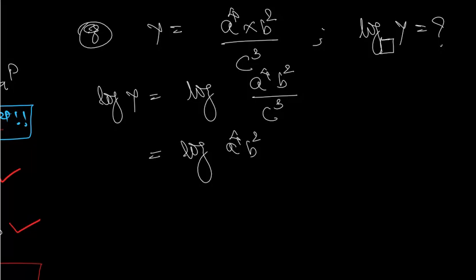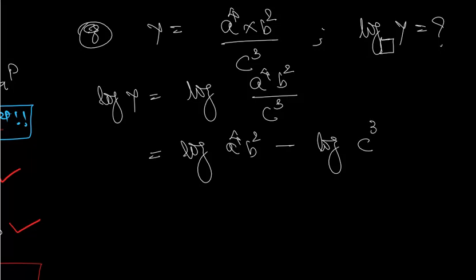If you are not writing, that means the base is 10. So I'm not going to mention base anywhere, and that means the base is 10. It's a common logarithm. So log of a raised to 4 b square minus log of c cube.